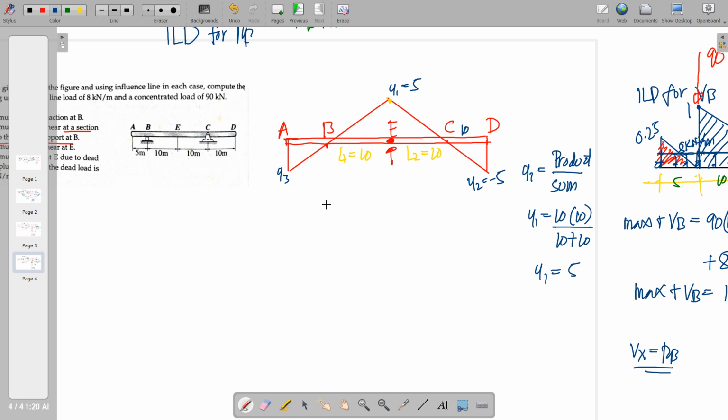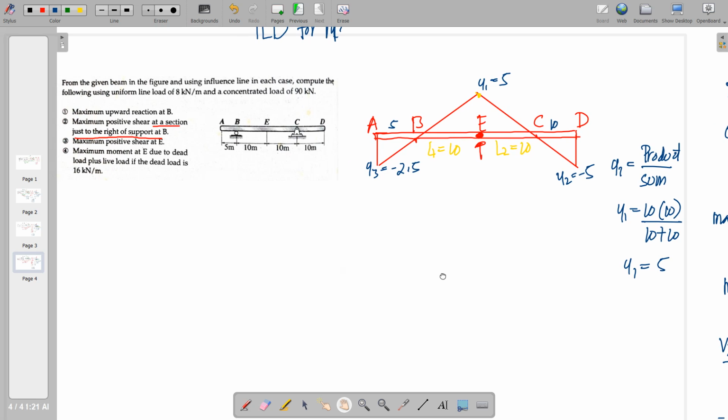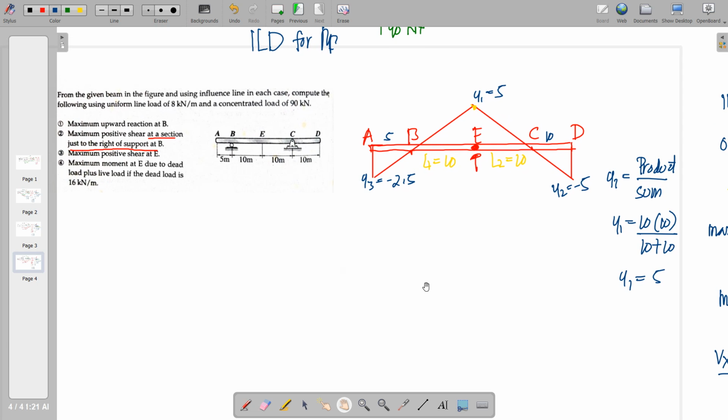And then Y3 could be derived by ratio and proportion, or Y3 is simply half of 5, since 5 is half of 10 here by ratio and proportion. Obviously this is also half of 5, that is negative 2.5. So this will now be our ILD, which will be the basis in determining the moment at E due to dead load plus live load.